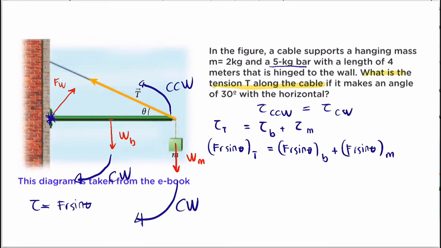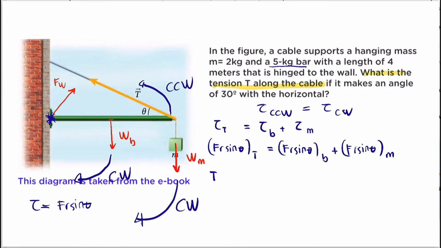Now Fr sine theta for the tension, so the F is just equal to the tension multiplied by the R. So the R is just equal to the distance between the axis of rotation and the point where the force is exerted. So if this is the axis of rotation and tension is exerted at this point, so therefore the R for the tension is the length of the bar, and that is equal to 4 meters.